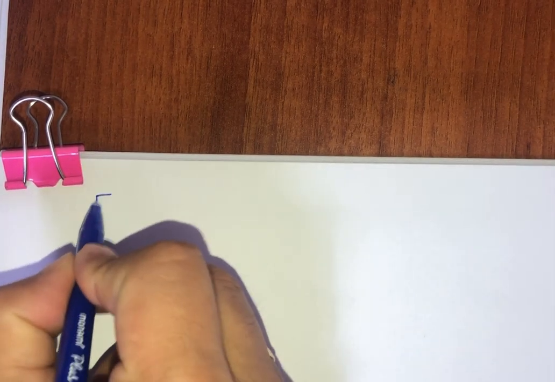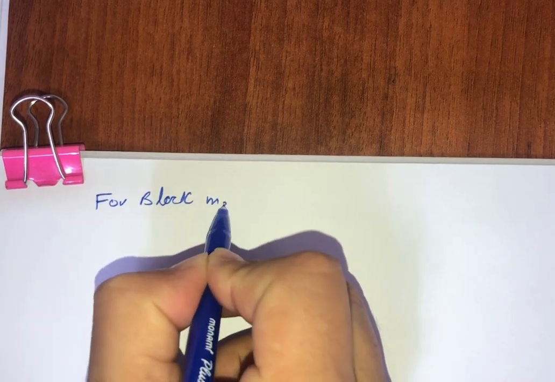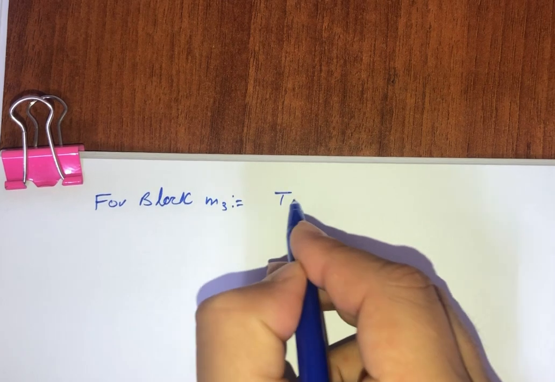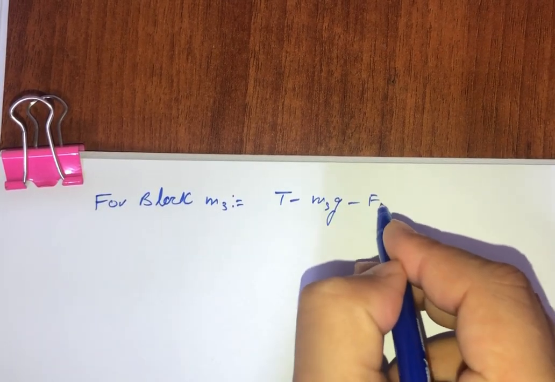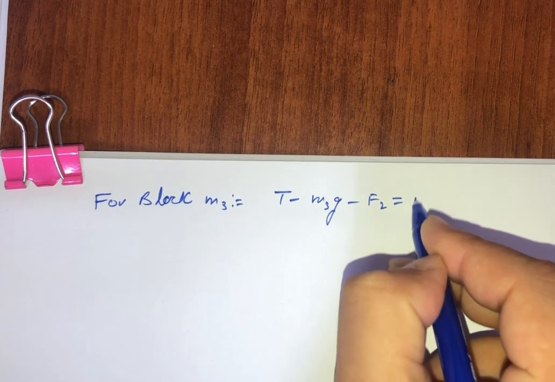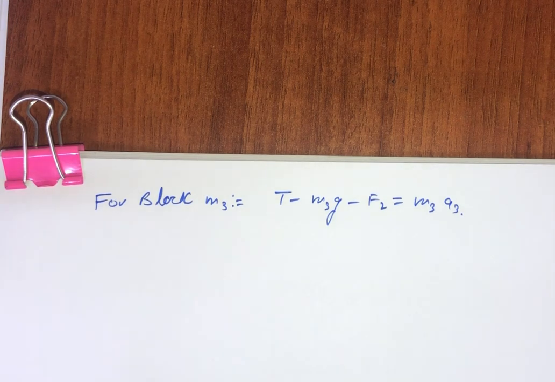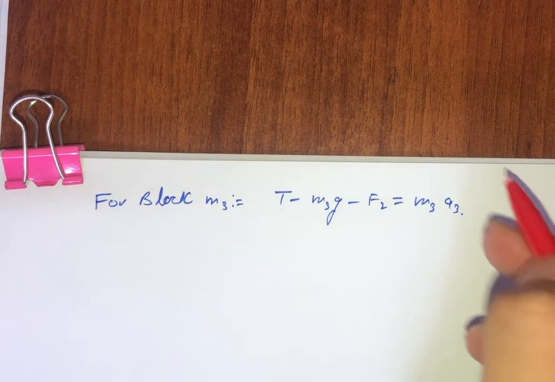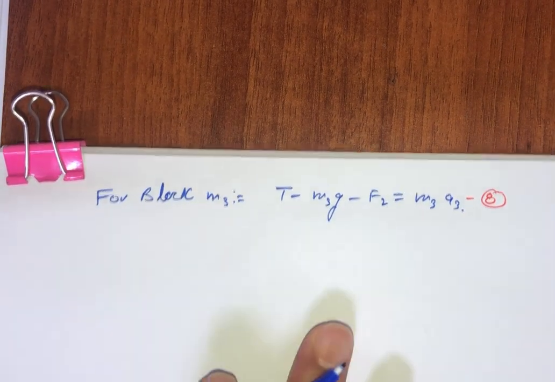Now for block M3, we get T minus M3G minus F2 is equal to M3 A3. Let this be equation number 8.